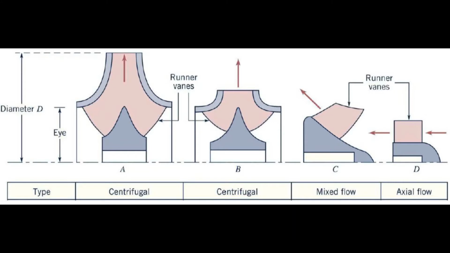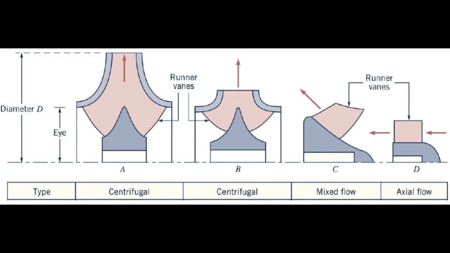Now this figure shows a comparison between centrifugal, mixed flow, and axial flow pumps and their runner vane directions. In each case, I have flow coming in left or right. For the centrifugal pumps, you can see that the flow changes completely, 90 degrees in direction. So flow's going straight out of it, up and down, and those runner vanes are at a fairly steep angle.